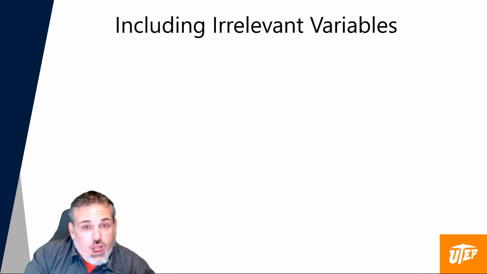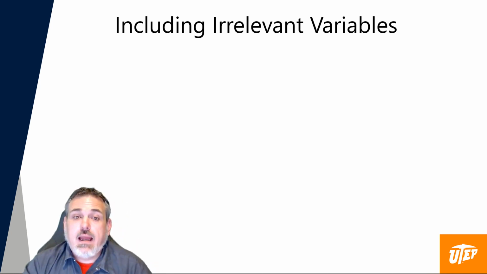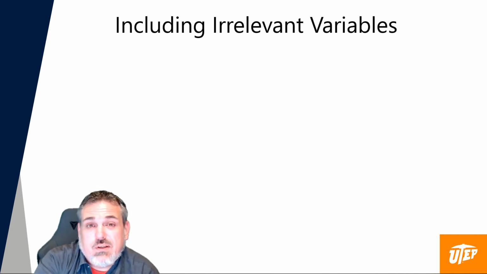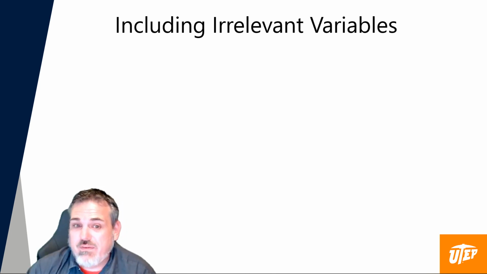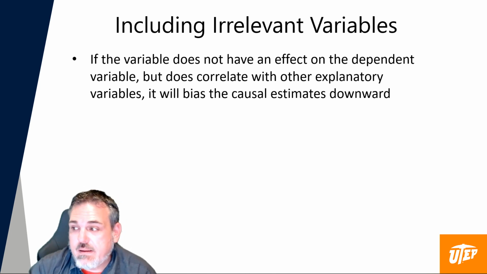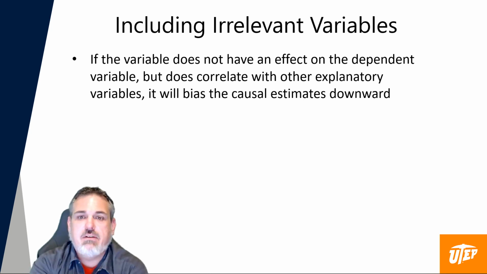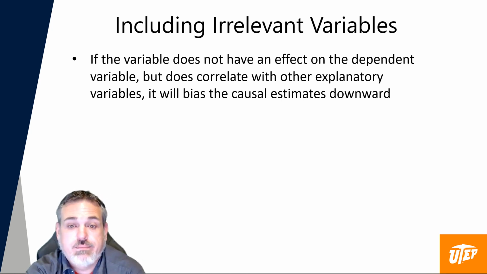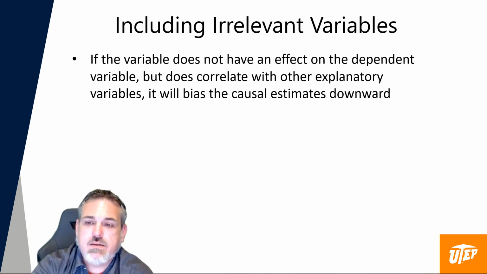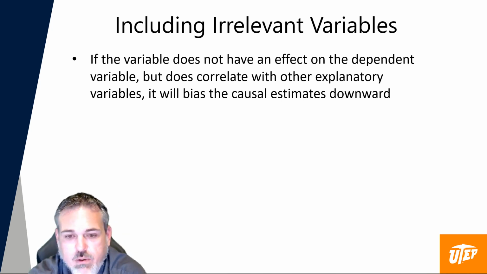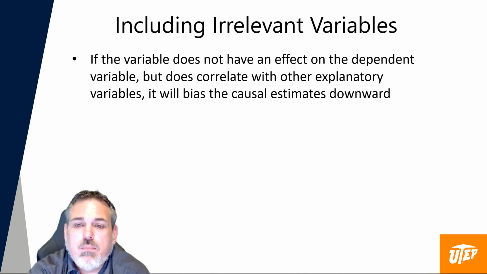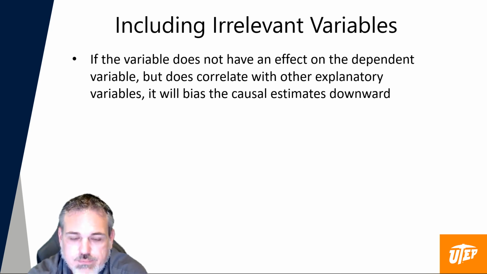There's another side to this coin, and that's what will happen when you include irrelevant variables in your analysis. So if the variable itself does not have an effect on the outcome, but it does correlate with one of the other explanatory variables, it will bias the causal estimates downward.